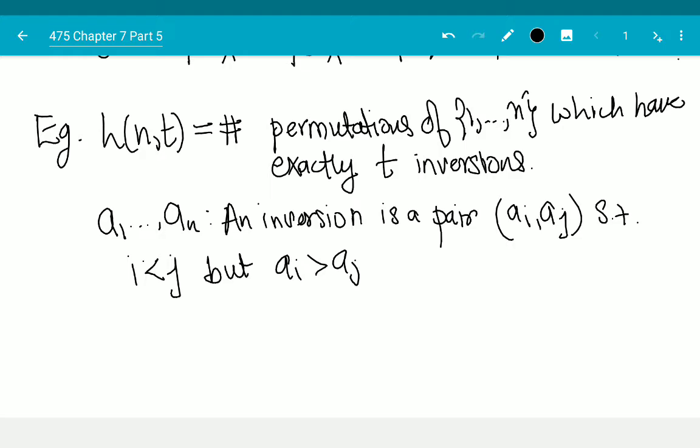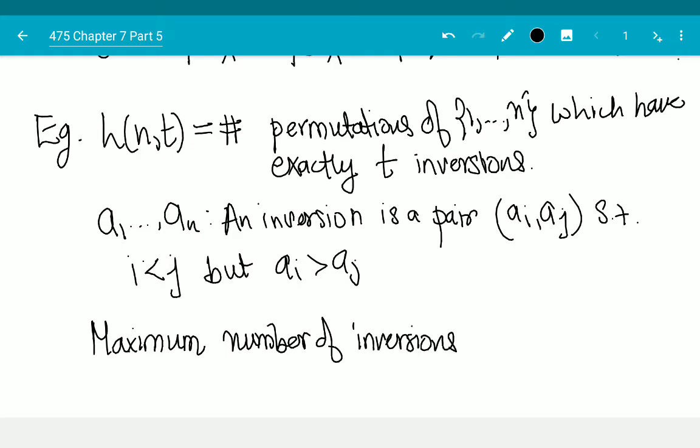Okay, we had seen before the maximum number of inversions in a permutation. For the first place you can have a maximum of n minus 1 inversions.